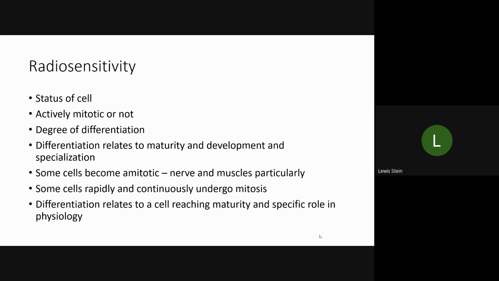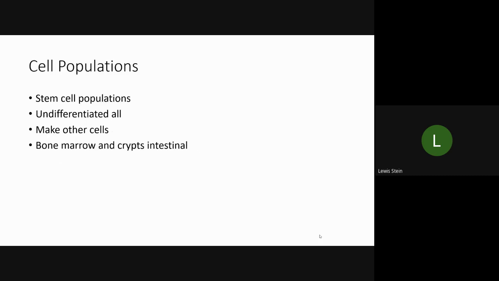So when we get to stem cells, they are cells that have this remarkable capability of changing into various kinds of cells, and there are whole categories of these. That's what's coming up. So here are the populations: stem cell, totally undifferentiated, all about making other cells. Okay.